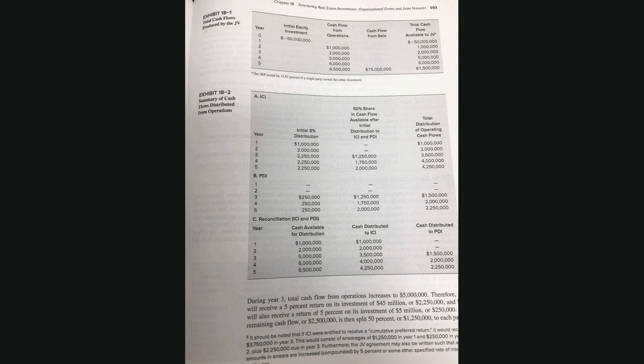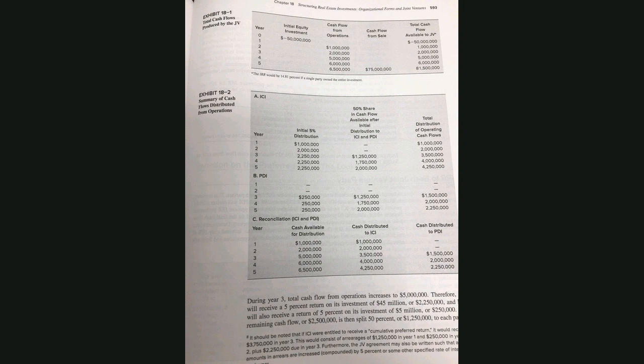And notice in the third year, the total available is 5 million, right? So then after you take the initial, you are going to take the 50% share, then whatever is distributed is 3.5 million.